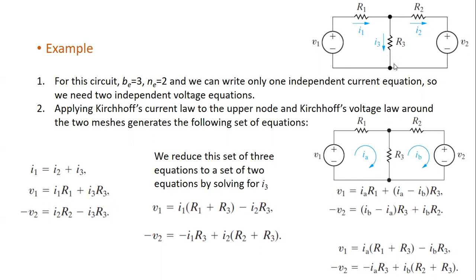So if I want to solve this system using nodal analysis, the number of essential nodes is 2, and the essential nodes minus 1 will be 2 minus 1, which is 1. If you take, for example, this node as the reference and you apply KCL to the upper node, the circuit will be solved.